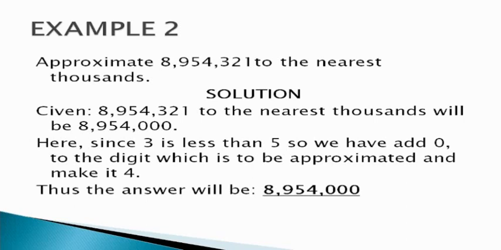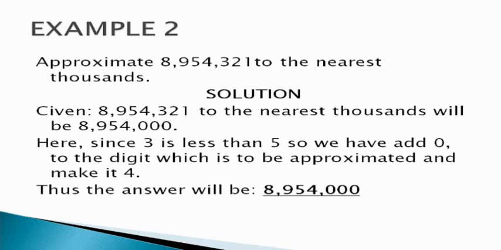So we look at the digit to the right of the digit to be approximated, and that is 3. So 3 is less than 5. Therefore we add 0 to 4 and it remains as it is.